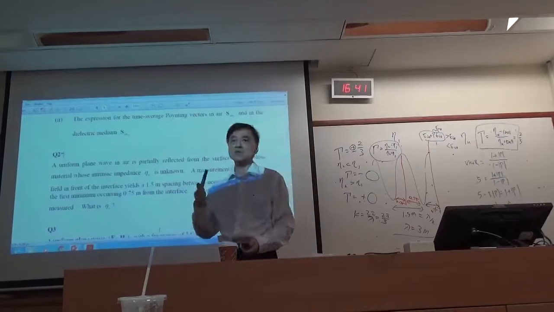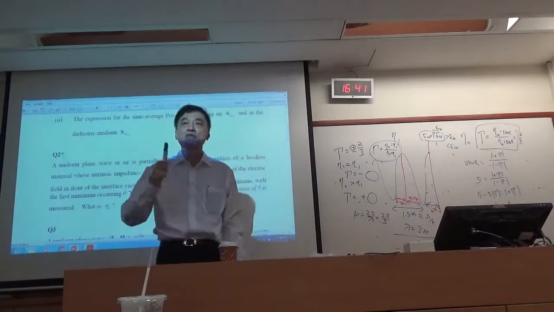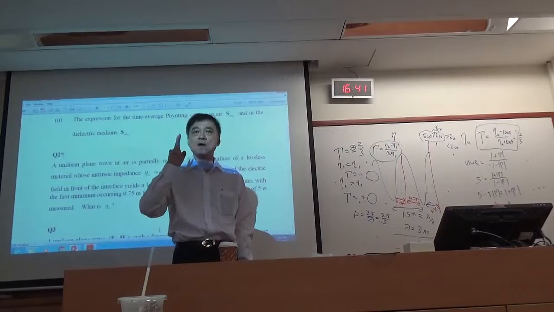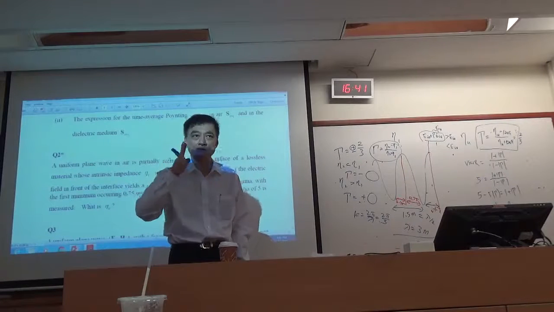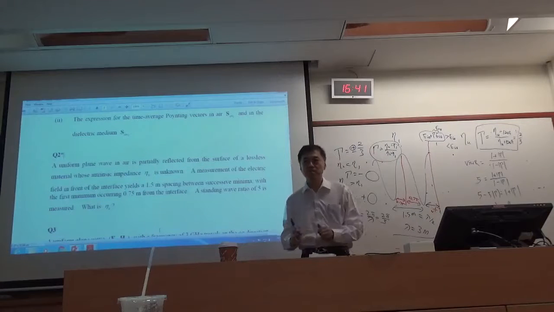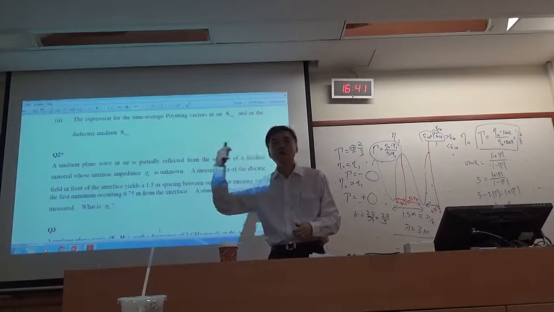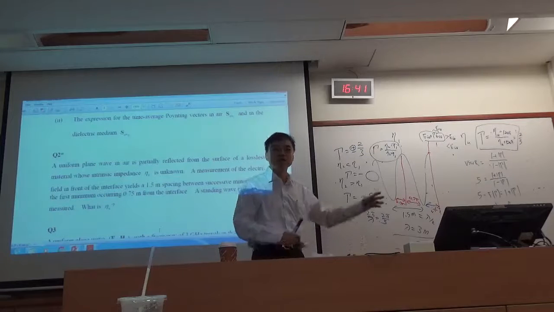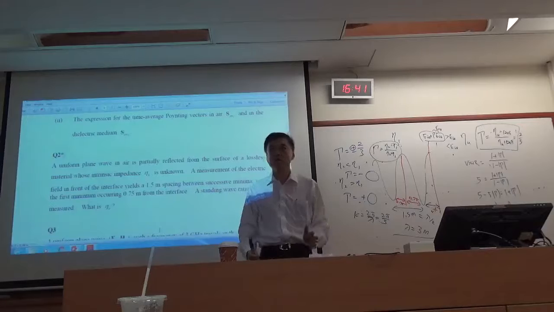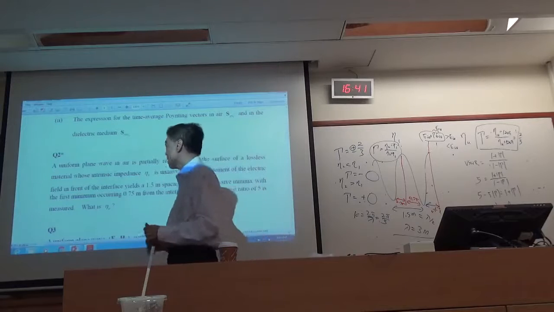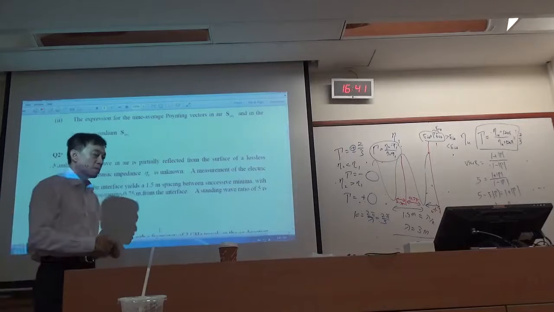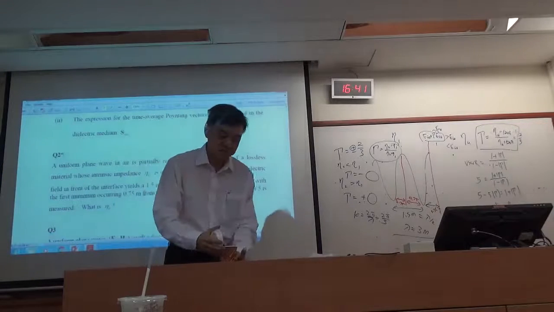But if zeta 1 and zeta 2 are real, the standing wave has only two options. If zeta 2 is less than zeta 1, it is a minimum. If zeta 2 is bigger than zeta 1, it is a maximum. No other choices. Once you have that, you can calculate zeta u. Any questions?